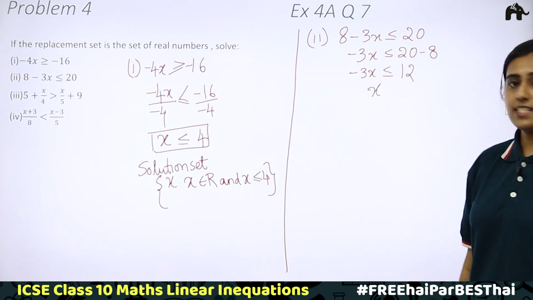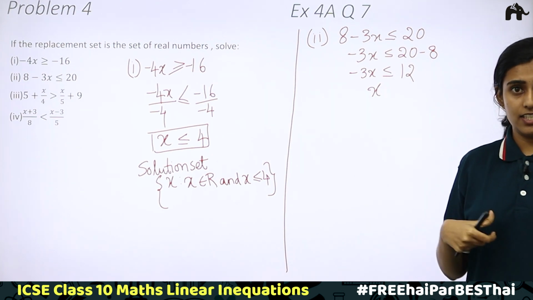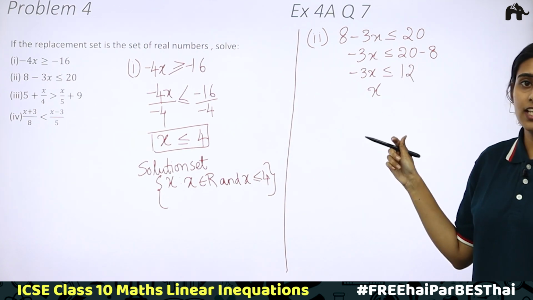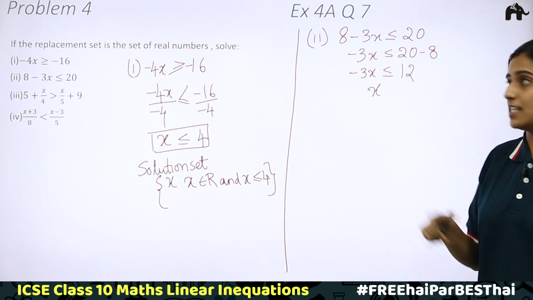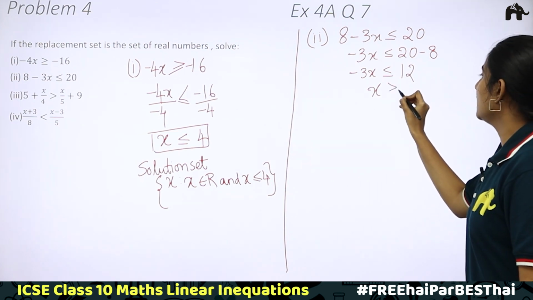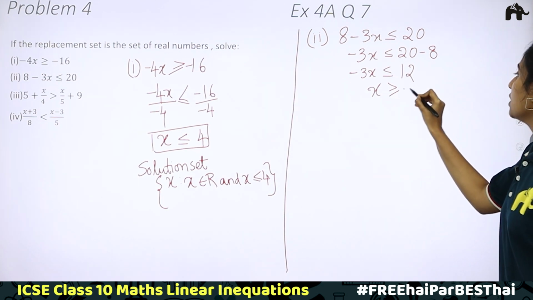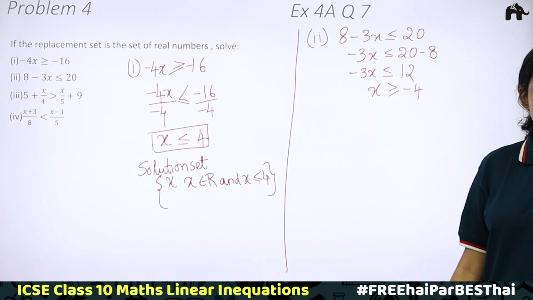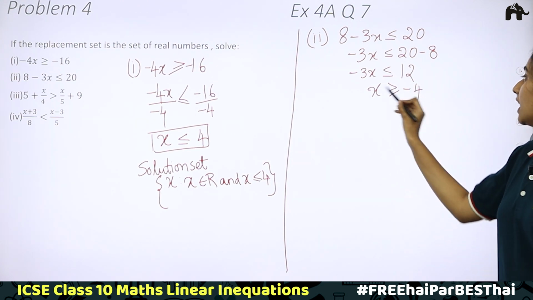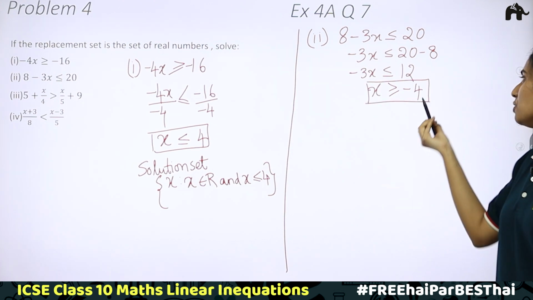Then, to get x, we have to divide on both sides by negative 3. While dividing by negative 3, the sign of the inequation reverses. Less than or equal to becomes greater than or equal to. So, x greater than or equal to 12 divided by minus 3, which is minus 4. So, this is our condition: x greater than or equal to minus 4.